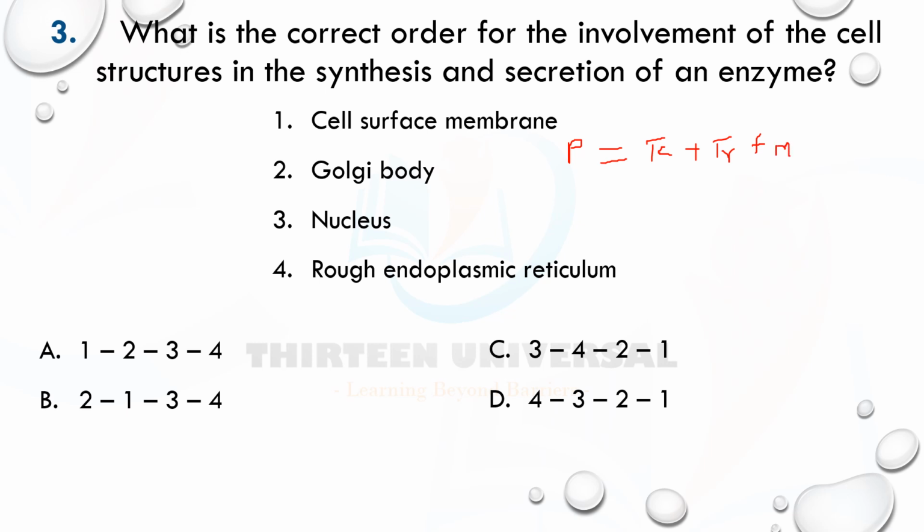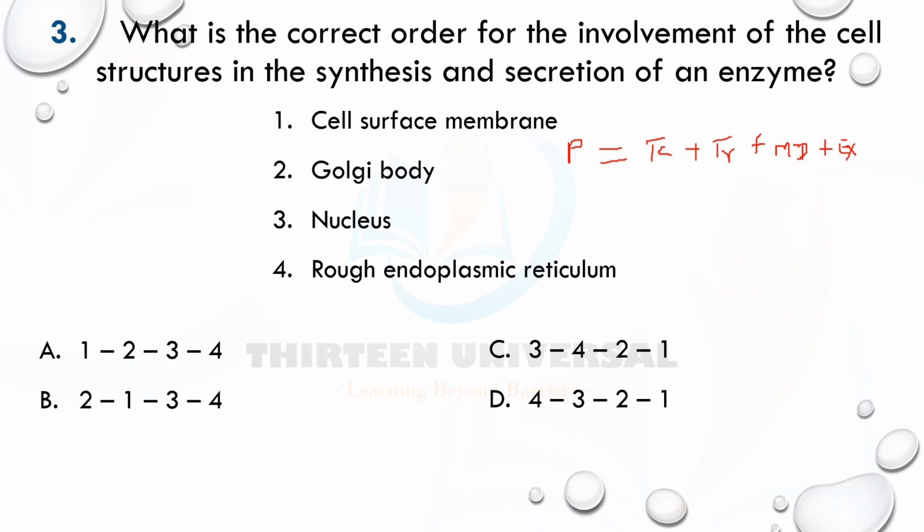The protein has to be modified. I'll call it MD, modification. Now, if it's going to be secreted, we now talk about exocytosis. So if it's going outside the cell, exocytosis will be there. So EX is exocytosis.